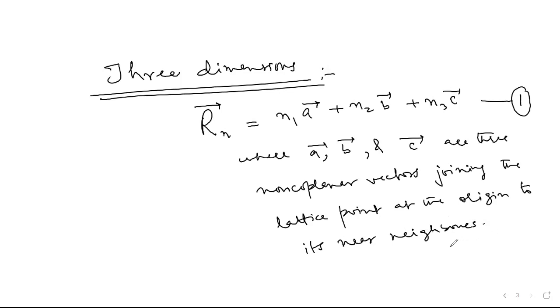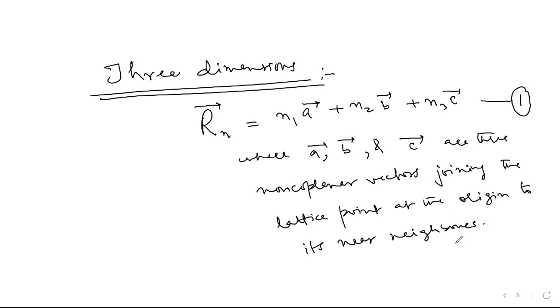So we're here. Rn is now the lattice vector in 3 dimensions. A, B, C are 3 non-coplanar vectors joining the lattice point at the origin to its nearest neighbors.